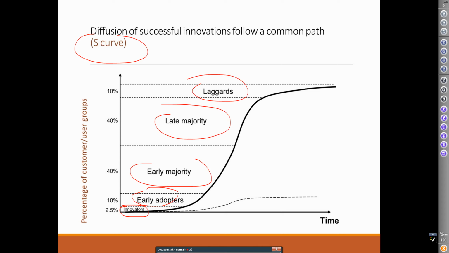These 5 groups could also be recognized as customer or user groups. On the left you can find the percentage of customer or user groups. Who are the users of this innovation? On the right-hand side you can see the time. What happens when you start diffusion of your innovation?